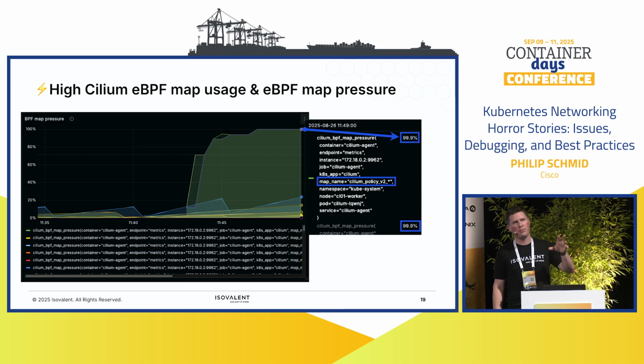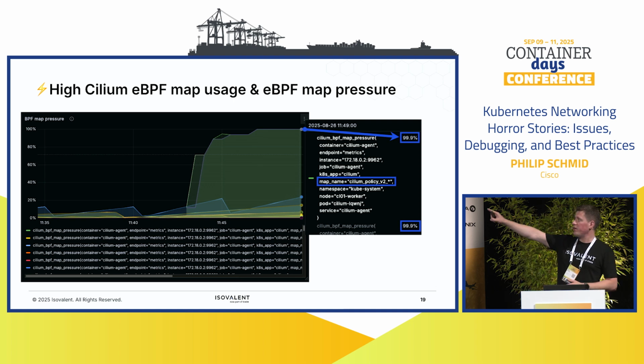And large customers essentially mean very large clusters. That's one case where this can easily happen, or just clusters with a lot, and by a lot I really mean a lot of different network policies. So there we are speaking about thousands of different network policies to probably implement a fully zero trust approach or something like that.